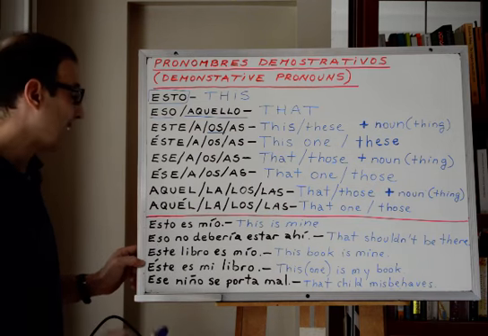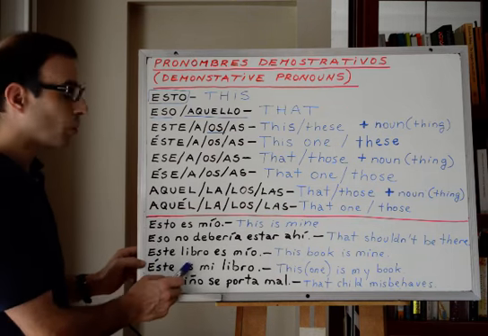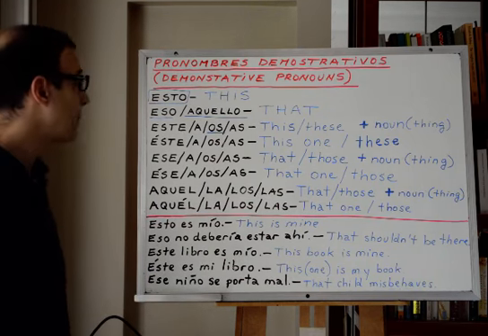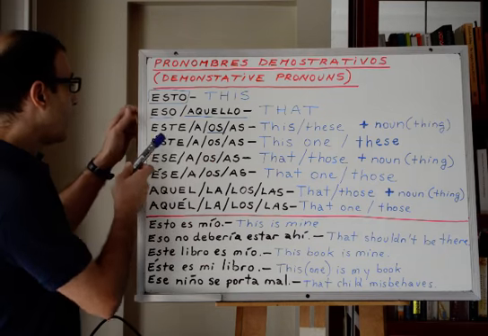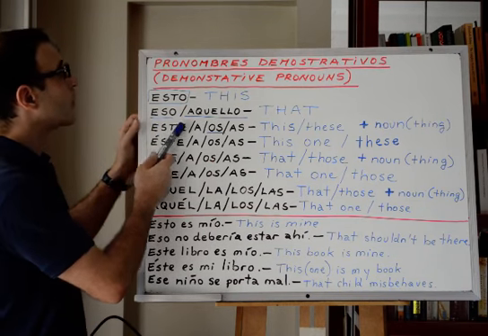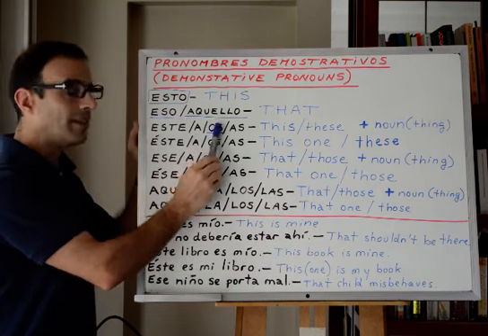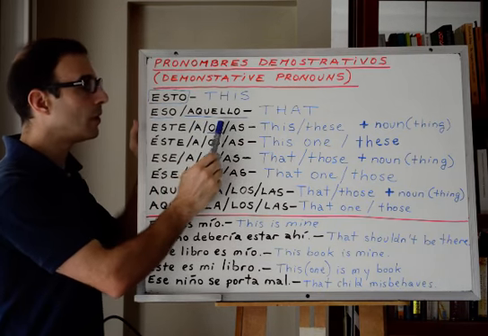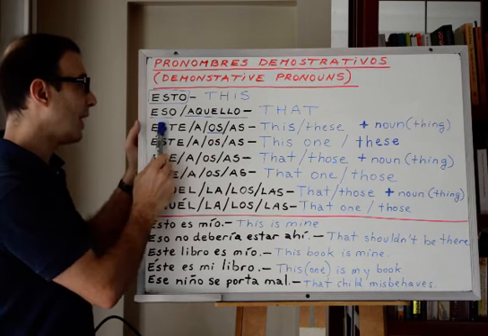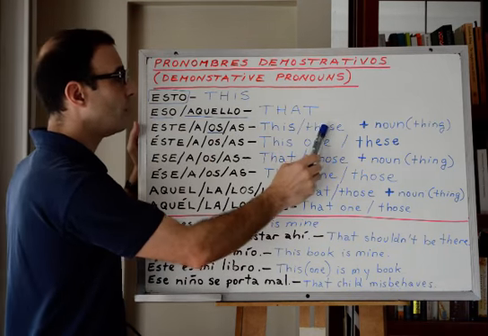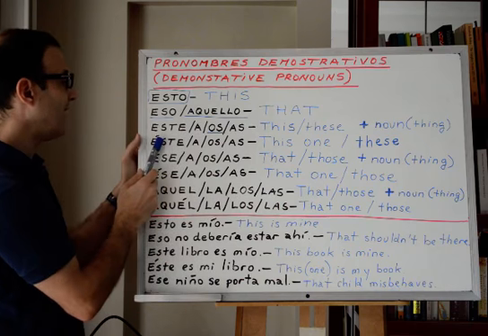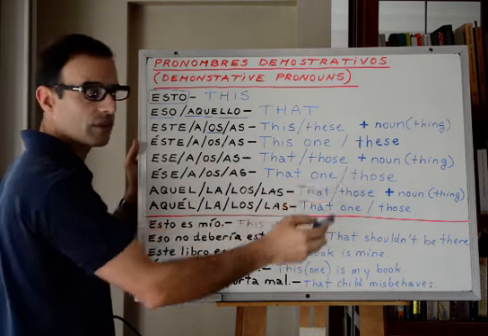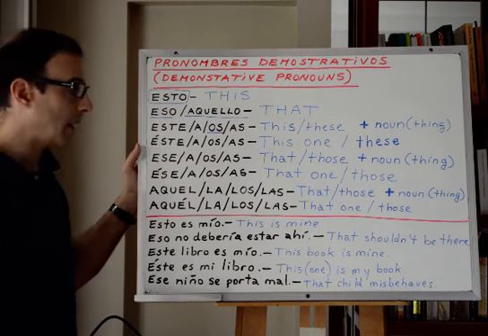Or in the plural, estas son mis casas, my houses. Okay? So, este or whatever ending for feminine singular, masculine plural, feminine plural. Okay, este for this or these plus the noun, and éste with the accent mark for this one or these, right? Not followed by the noun.